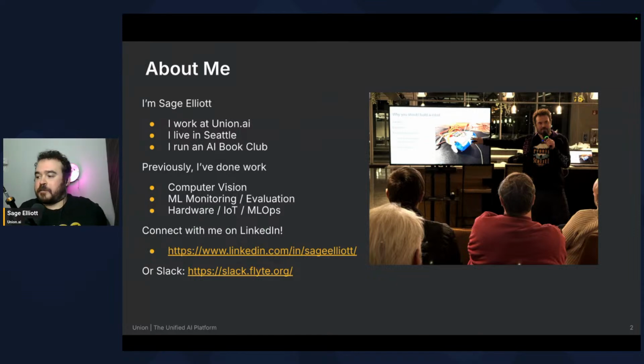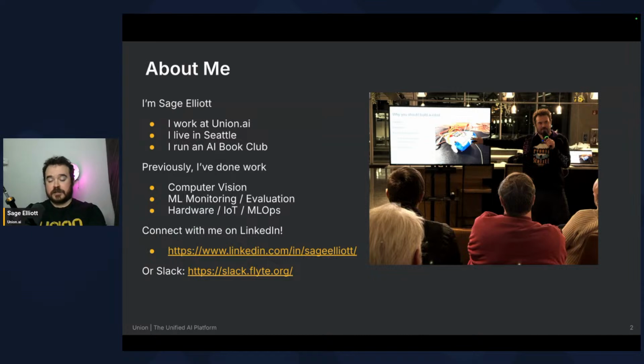I run an AI book club, which you can also find in the Slack channel I shared earlier. We've been reading a new AI book every single month and discussing it online. It's been really fun. We did 12 last year, and I think we're going to do the same this year. I've learned a lot, and it's the most I've ever read technical books in a row. Previously I've done a lot of work in computer vision.